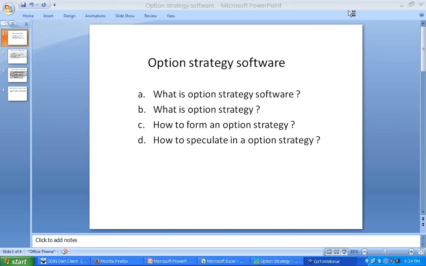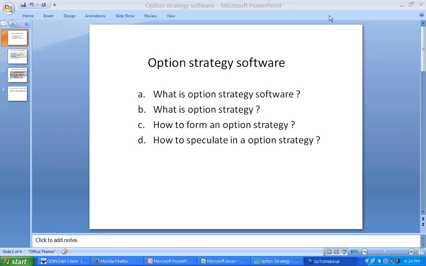In this presentation, I am going to describe the option strategy builder, the option strategy software we have recently developed, and I will also be discussing many beautiful features of option strategic trading.